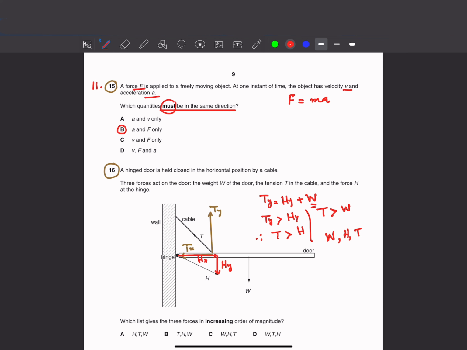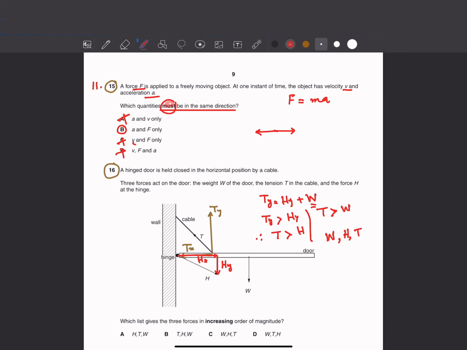Velocity and acceleration are not necessarily in the same direction. Of course, velocity and force again are not necessarily in the same direction, because suppose force is acting here, your resistive force suppose, and the velocity is in this direction. So there are other possibilities as well. So A, C and D are all wrong options for this must condition.